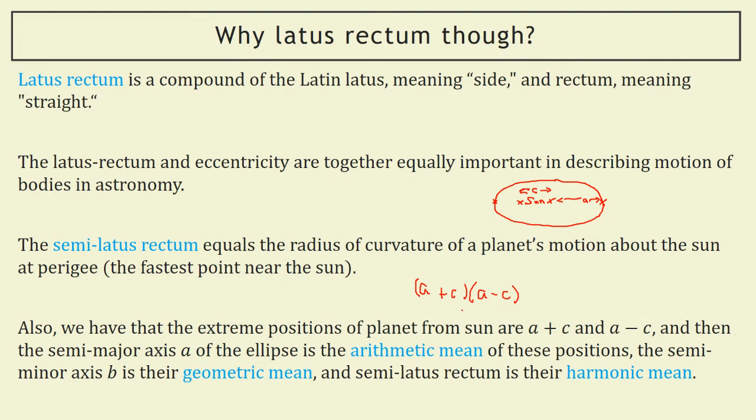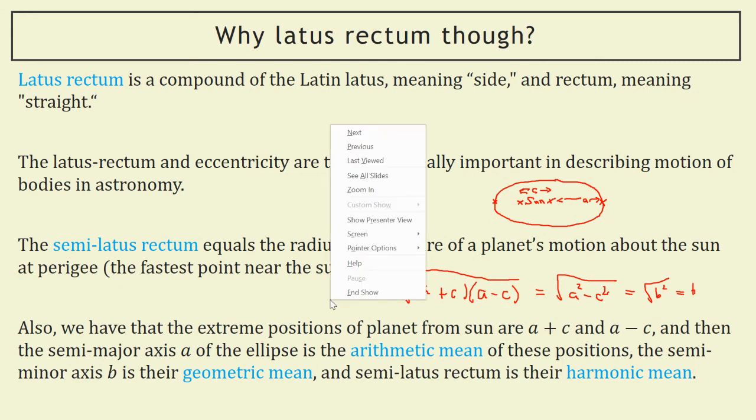So rather than halving it, like we would do when we've added them, we take the square root of all of that. Now, this is A squared minus C squared if I multiply it out, but A squared minus C squared for an ellipse is B squared. So the geometric mean gives me the length of the semi-minor axis.